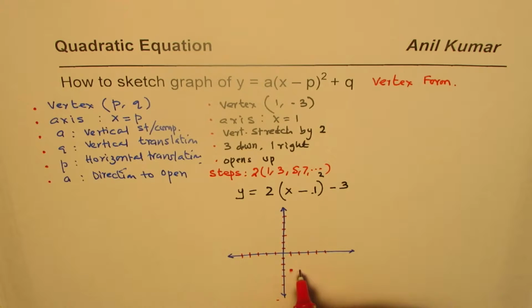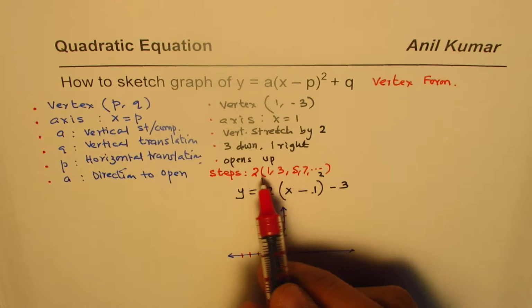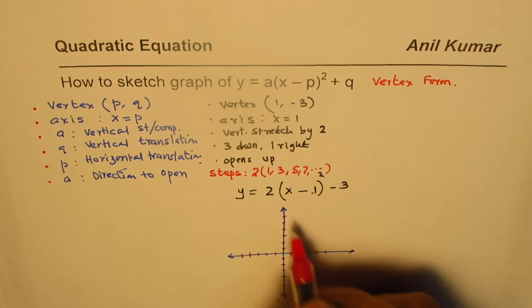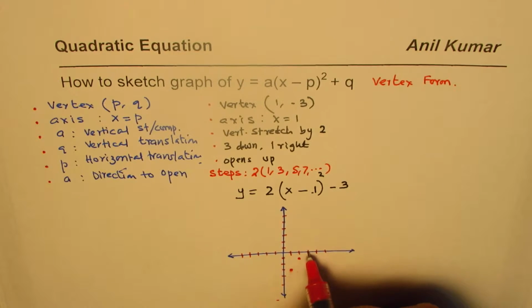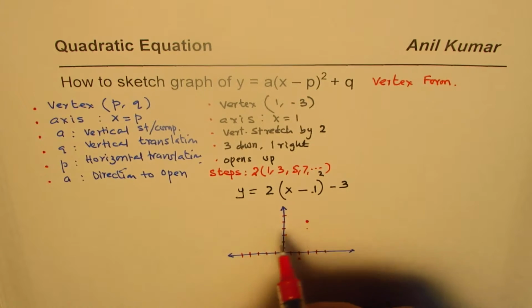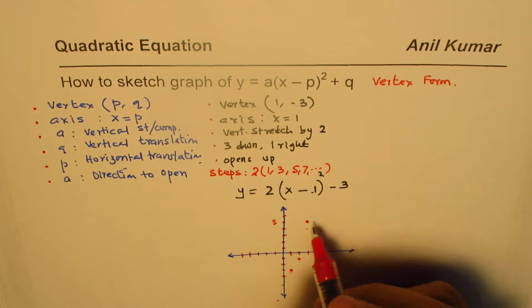If I move right 1 unit, I go 2 up, so I reach minus 1. The next step is 2 times 3, which is 6 units. When I move 1 unit to the right, I go 6 up, so that is at the value of 5.